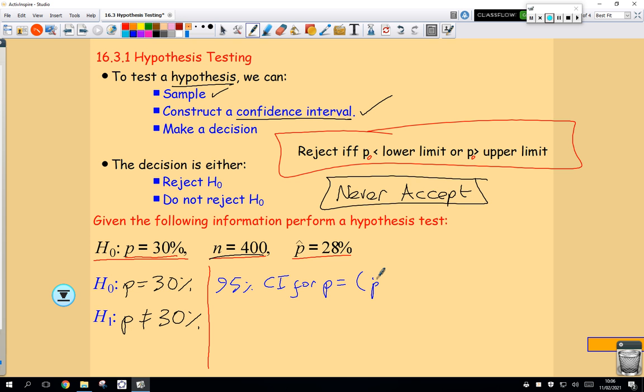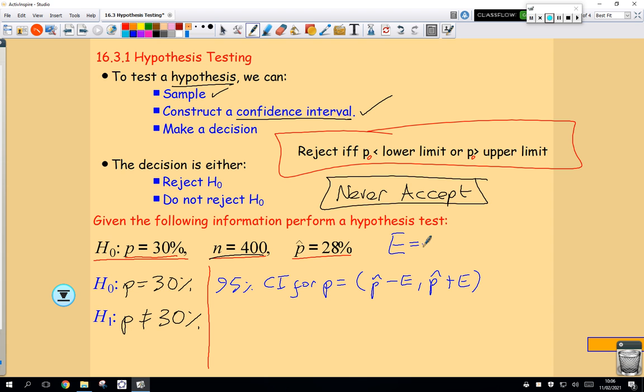The lower limit is P hat subtract E, where E is the margin of error. The upper limit is P hat plus E, where P hat is the sample proportion. I've been given the sample size and the sample proportion. I haven't been given E, I have to calculate that.